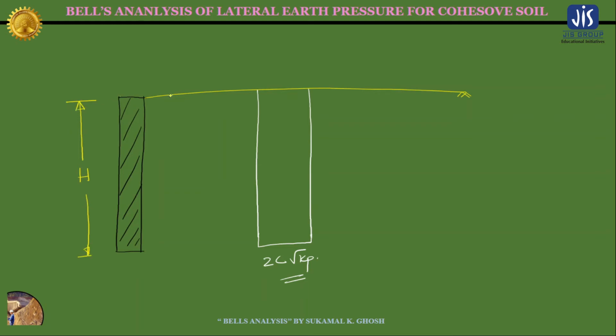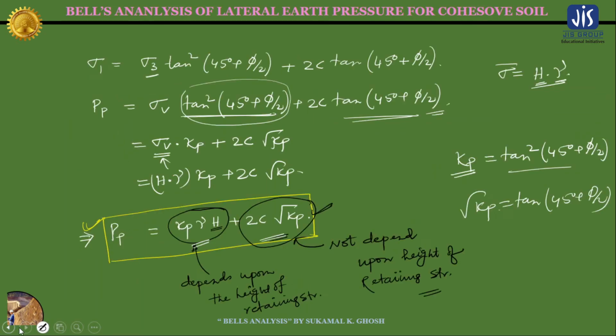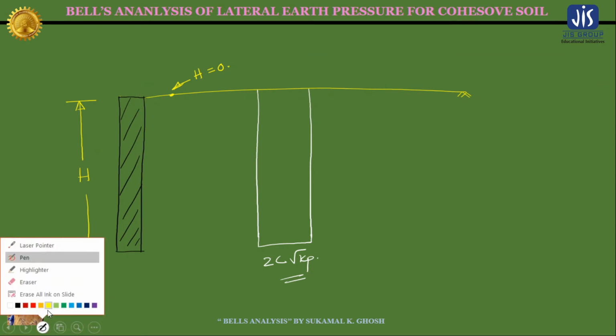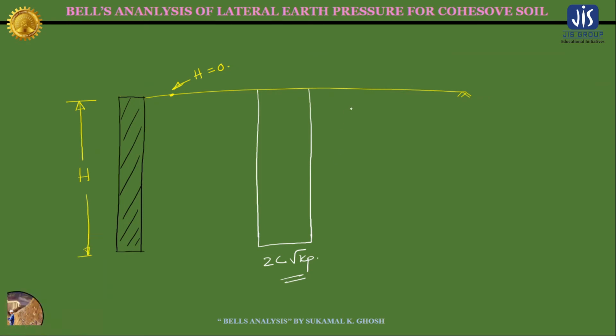So actually at this point, means at the top of the backfill, h is equal to 0. It means at the top this particular expression is 0, right? So at the top this Kp gamma into h is 0, right?